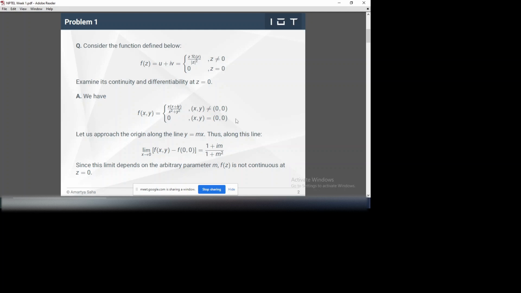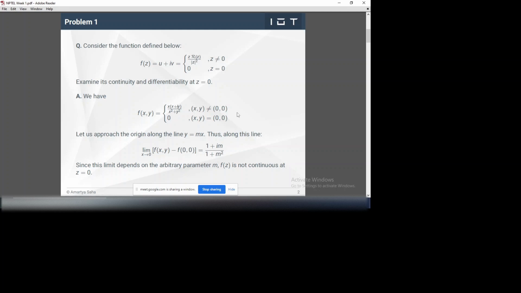Before going into further details, we can quickly see that the power of the polynomials in numerator and denominator are the same. Here it's x squared plus ixy divided by x squared plus y squared. So the powers are same. We can immediately see that if we blindly substitute (x,y) equals (0,0), then we run into trouble, because we get the 0 by 0 form.